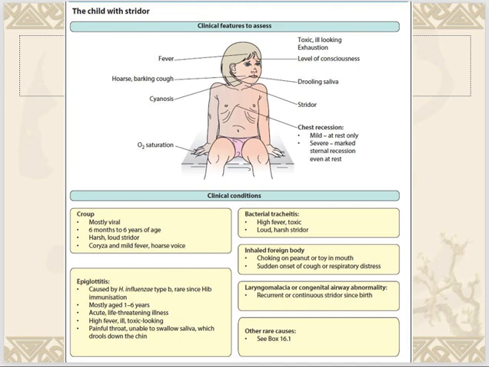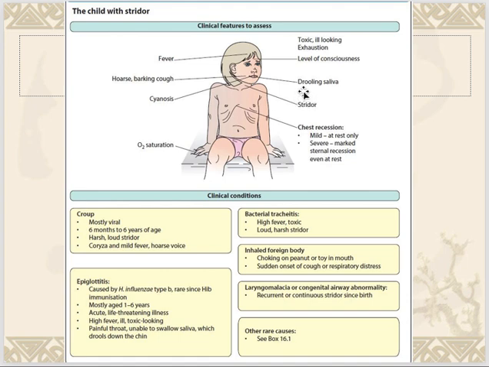So this is about croup. And how do we manage croup? As I told you, we evaluate clinically whether the baby needs any admission or not. For example, if there is a toxic looking child, the level of consciousness is gone, drooling saliva, and particularly if you find that the stridor is present at rest, it is a medical emergency.